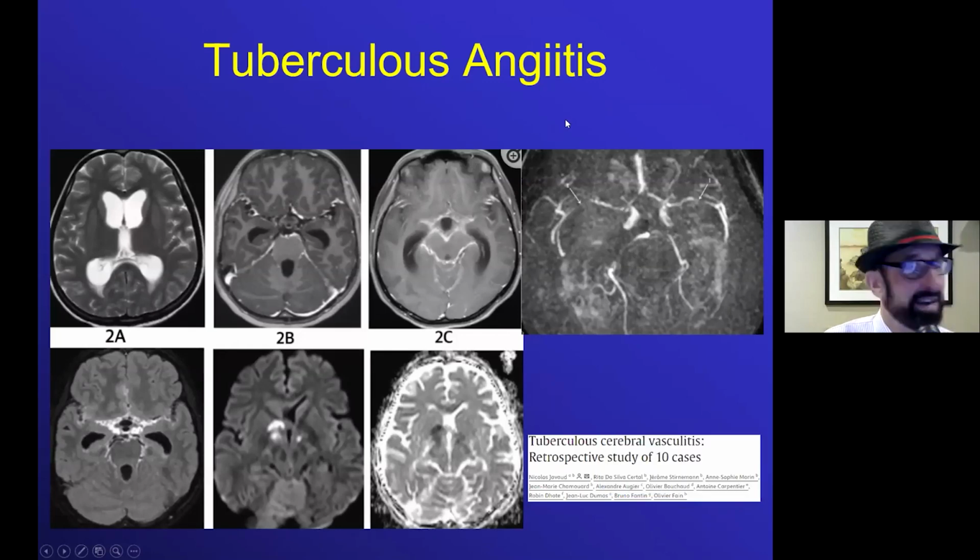Tuberculous angiitis, well known, manifested secondary to the meningitis that affects the basilar cisterns, and therefore those perforating arteries, particularly lenticulostriates or thalamic perforating vessels, etc., may have central sort of stroke involvement.